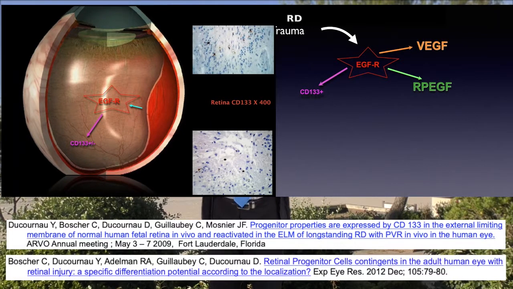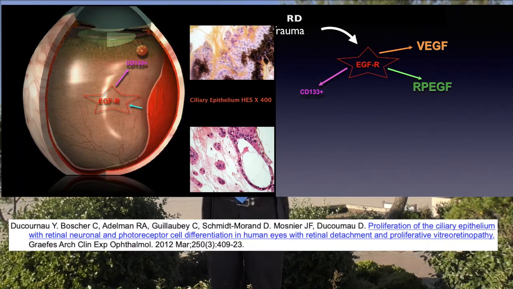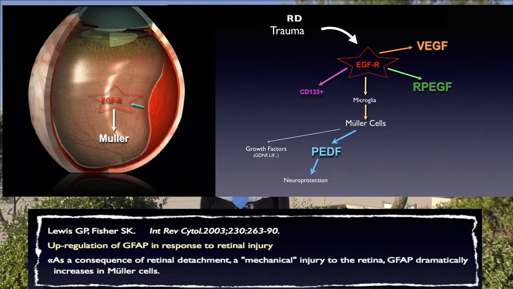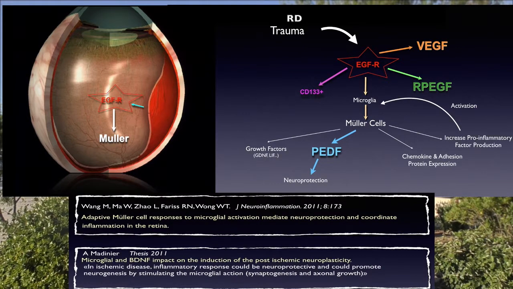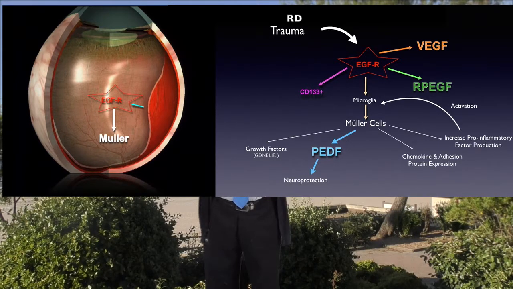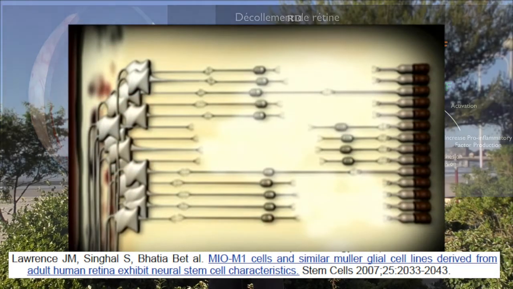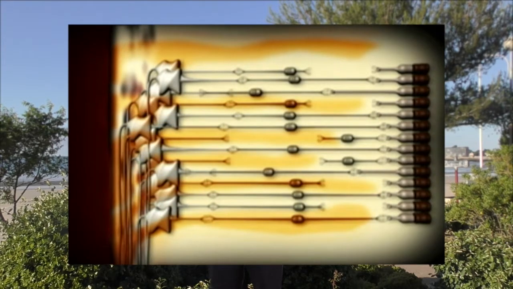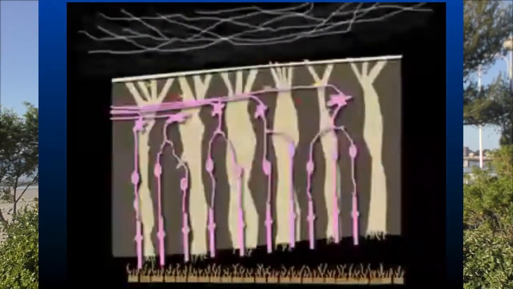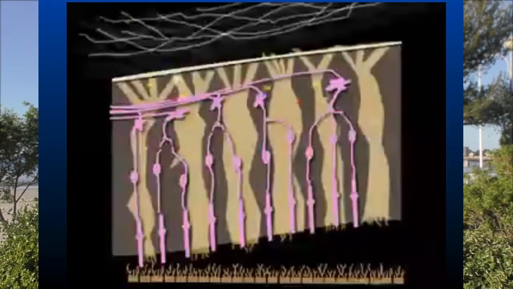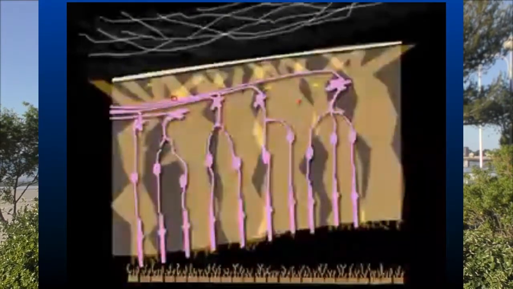The production of retinal and ciliary progenitor cells, the production of growth factor and PEDF, the production of pro-inflammatory factors, and especially the production of radial gliosis, a true neuroprotective and repairing process since GFAP has synaptogenesis properties. We thus see the wealth of protecting and repairing mechanisms that the retina puts in place in case of trauma at the outer pole of the Müller cells.